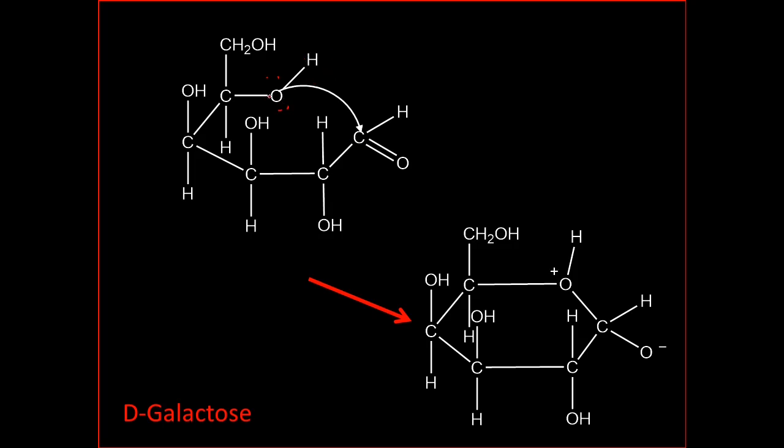This oxygen carries a partially negative charge because of its electronegativity. Now, our carbon here will be attacked by this oxygen because the carbon also has a partial positive charge on it. This causes the attraction between the partially negative oxygen and the partially positive carbon.